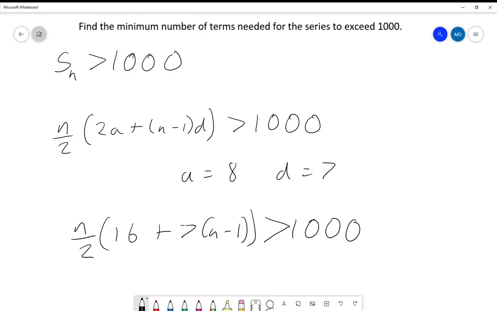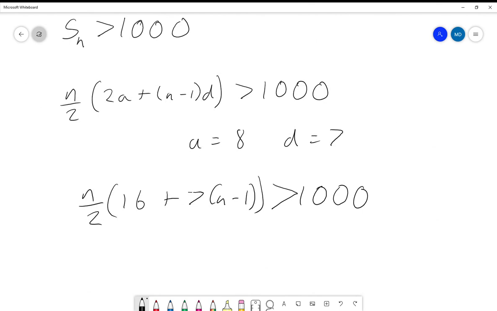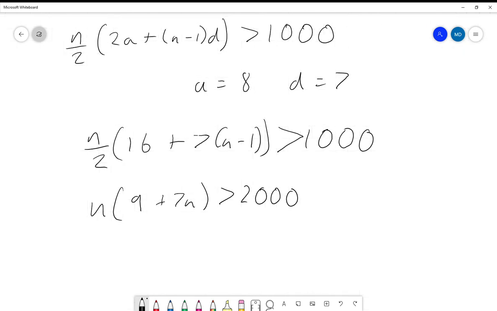Now this is just a matter of expanding, so we get n over 2, in fact let's multiply by the 2, so we get n lots of 16 minus 7, that's 9, plus 7n needs to be greater than 2000 because we multiplied by the 2. Then expanding this out, we get 9n plus 7n squared needs to be greater than 2000.